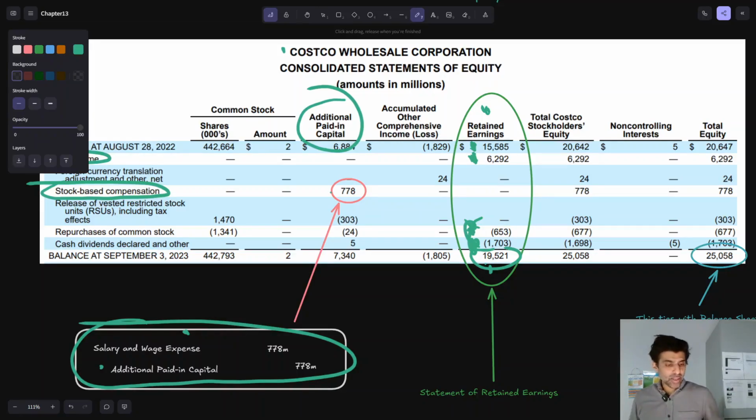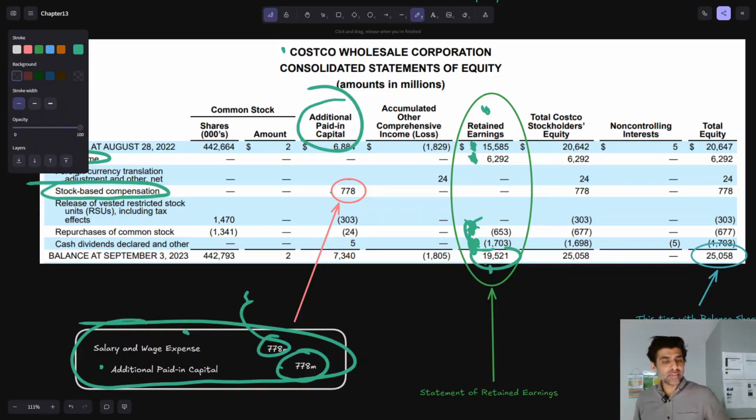So you can think of this as the value of the labor that the employee has given. Instead of paying them with cash, the company has compensated them with stock. And so this is the value that the employee has paid into the company. They've contributed their labor worth 778 million, and in compensation for that, they're getting stock in the company.